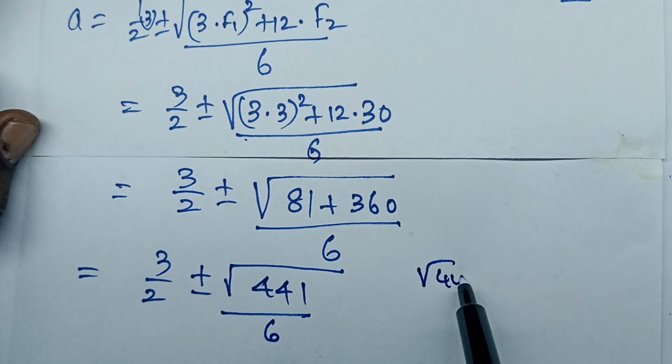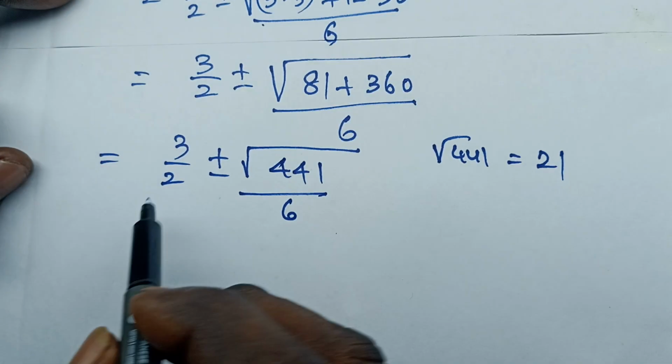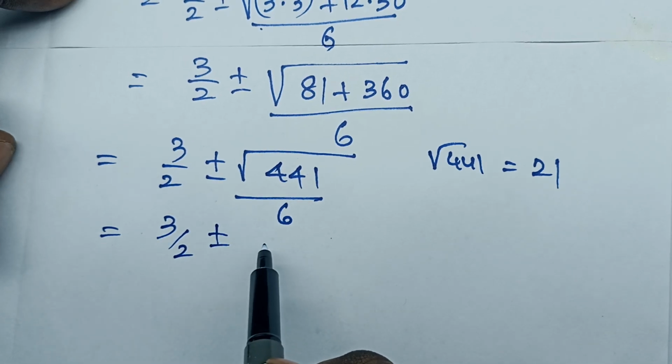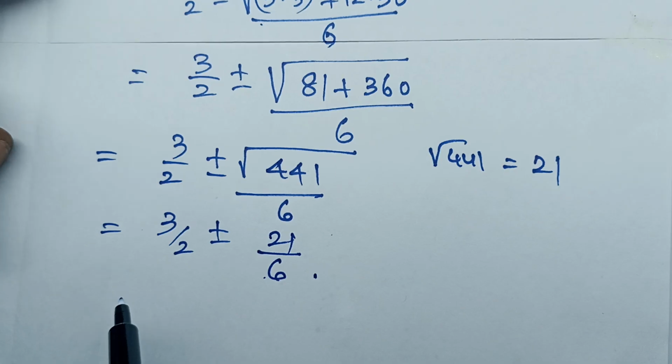Here 441 is a perfect square, root of 21. So 3 by 2 plus or minus 21 by 6.